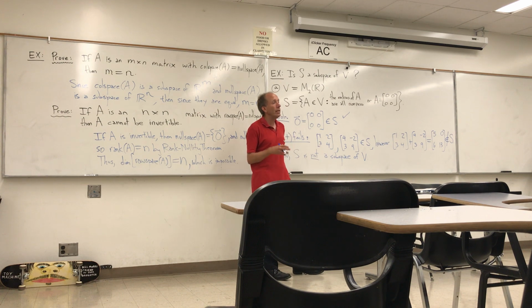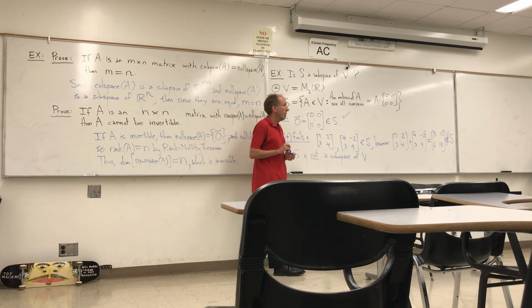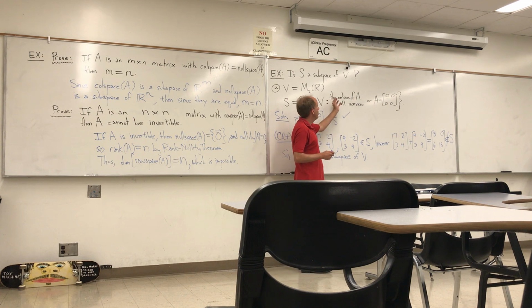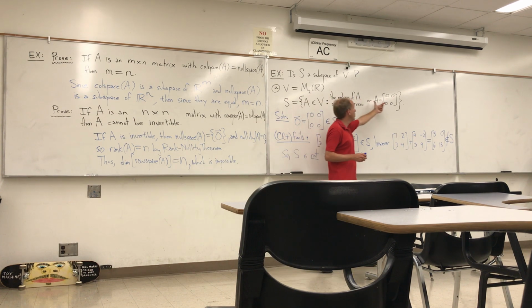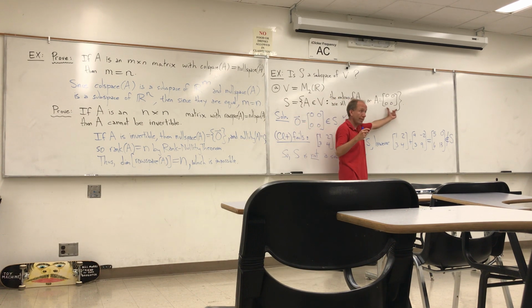Just out of curiosity, do you think that this would be closed under scalar multiplication? If you took a 2 by 2 matrix where the entries are all non-zero and you scalar multiply by a constant, do you think you would get either this or this? Yeah, you would, right? Because if the constant was 0, you would get this.